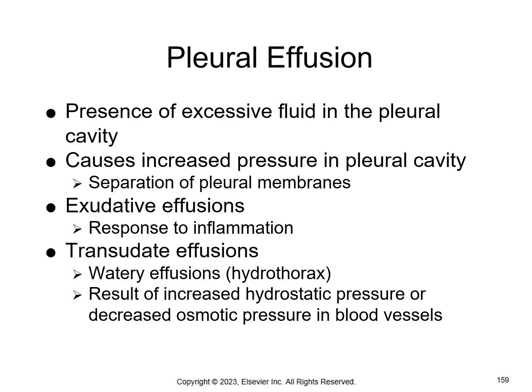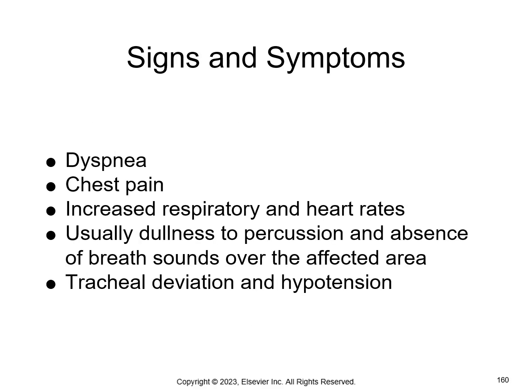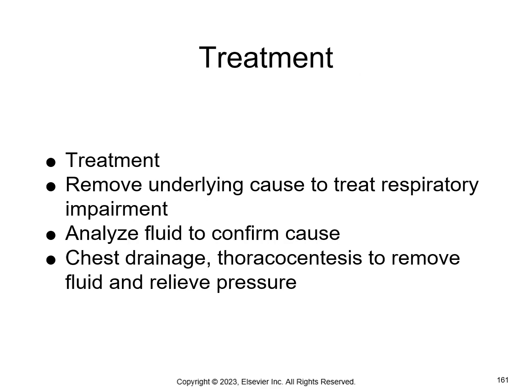There is a watery type that is caused by a hydrothorax, and this can also be caused by an increase in hydrostatic pressure or a decrease in osmotic pressure in the blood vessels. Signs and symptoms of that pleural effusion are going to be dyspnea, chest pain, increased respiratory and heart rate, dullness to percussion, and absence of breath sounds over the affected area, and potential tracheal deviation and hypotension. Okay, there's your treatment.